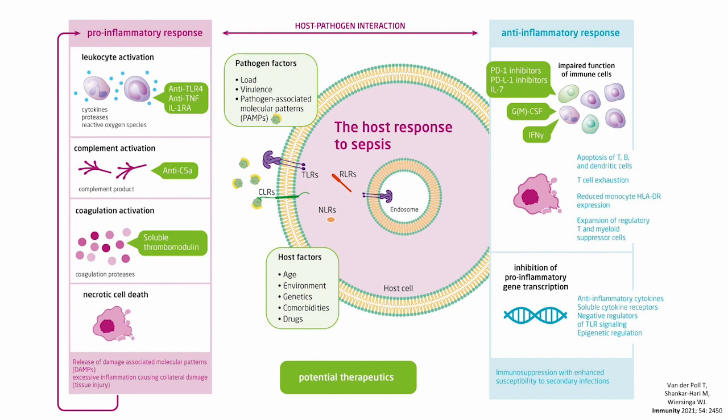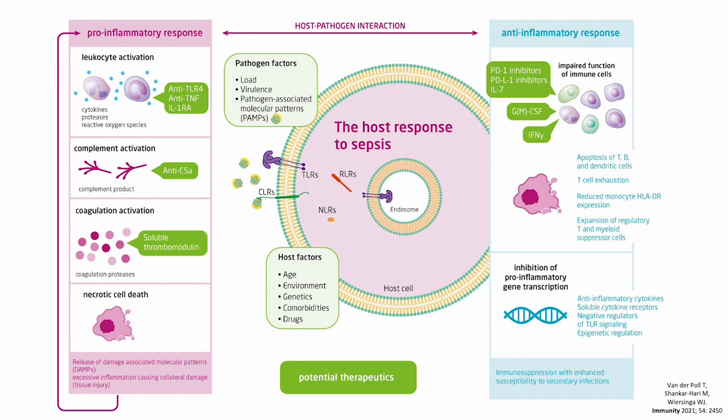On the right-hand side, you see examples of anti-inflammatory immunosuppressive responses, which relate mainly to apoptosis of T cells, B cells, and dendritic cells, and also T-cell exhaustion. A key characteristic of immune suppression associated with sepsis is a reduced expression of monocyte HLA-DR, which is related to a reduced capacity to present antigens.